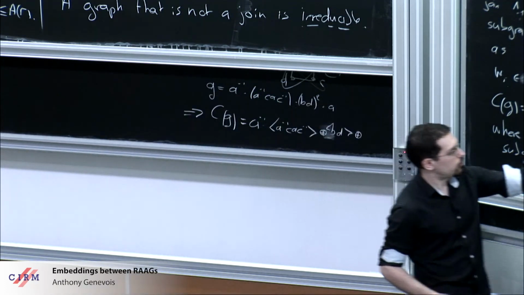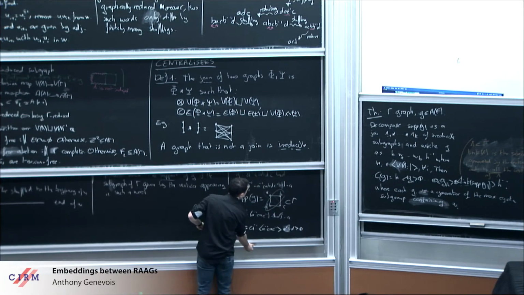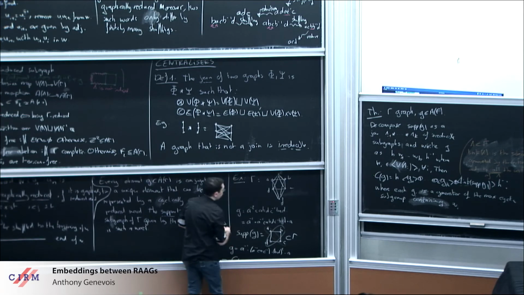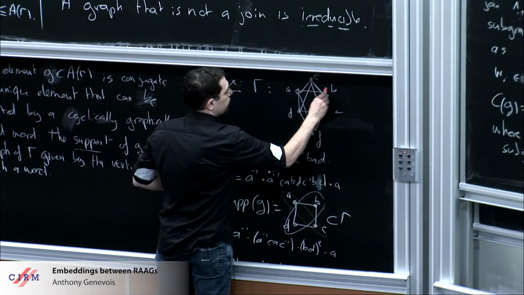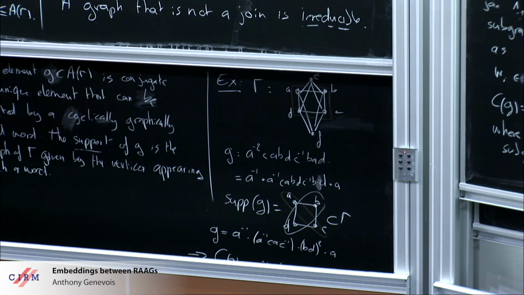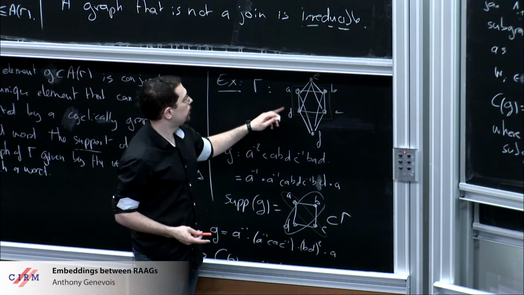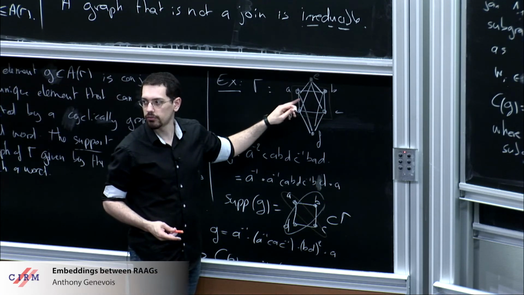And there is this remaining part. In the graph, you have A, B, C, D, the cycle, and you want to know what is the link of this subgraph.